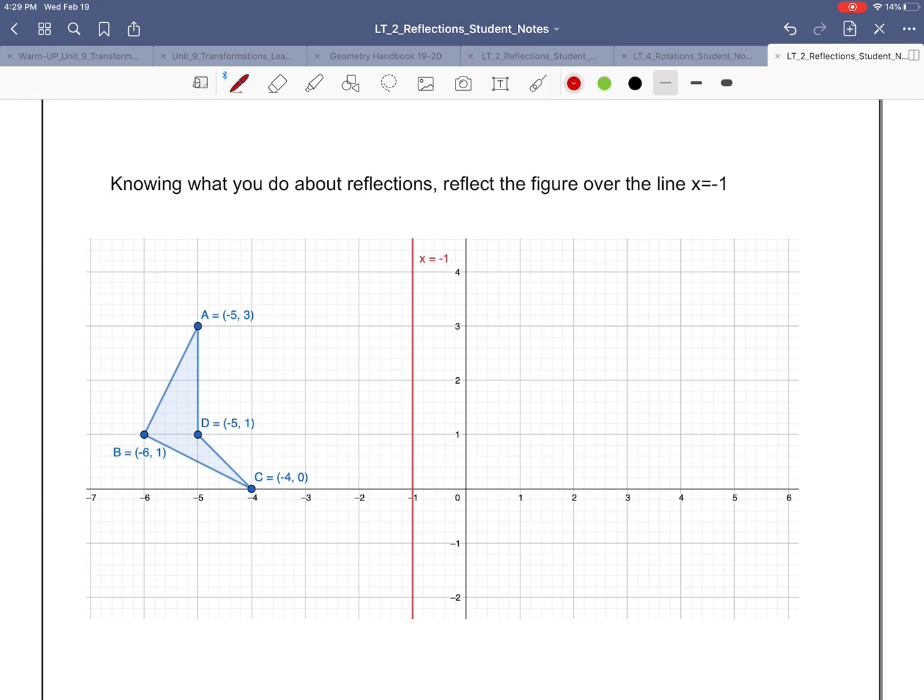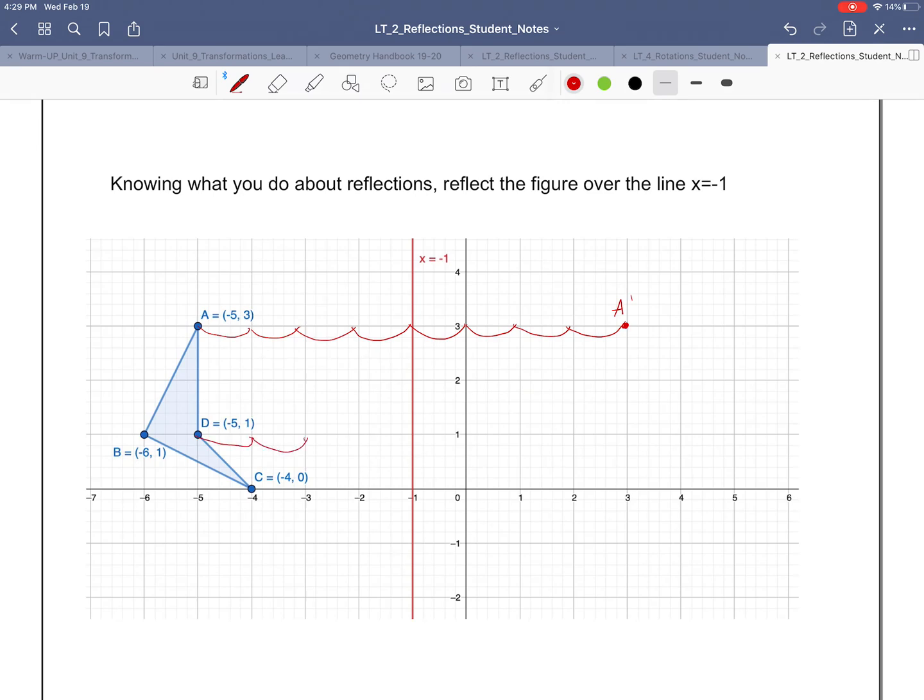Now we can apply what we've learned to new problems. So we have learned that points are equidistant from the line of reflection. So if A is 1, 2, 3, 4 units away, then A prime has to be 1, 2, 3, 4 units away.